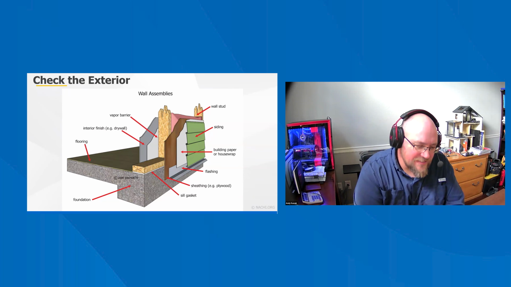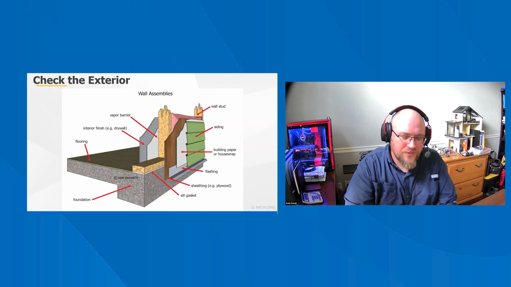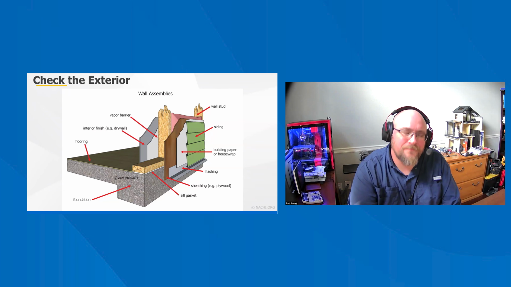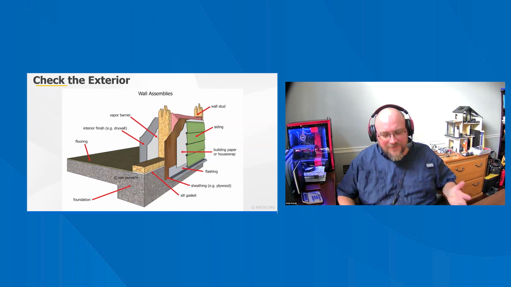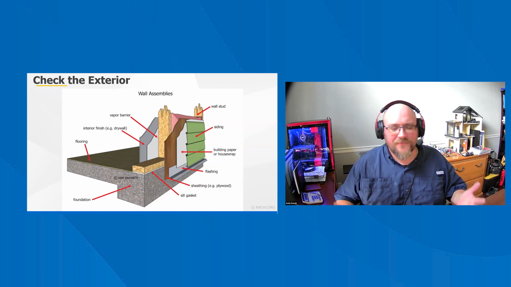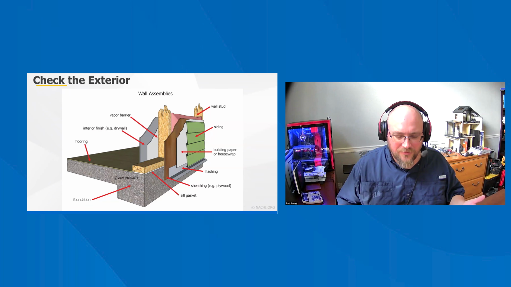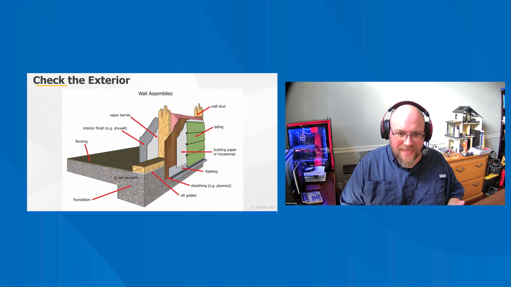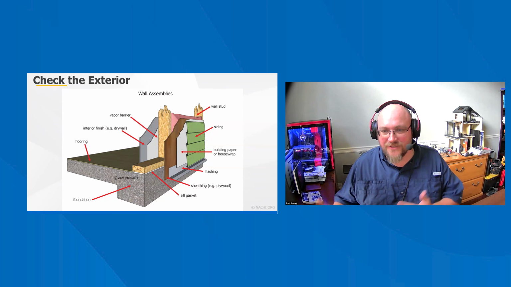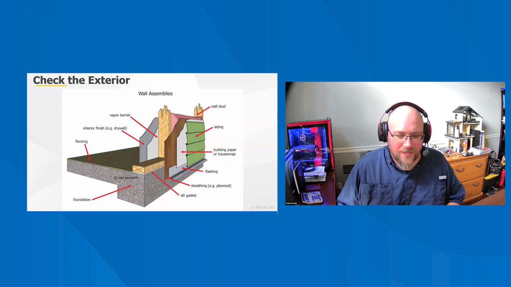Oh, and then getting back to the zip board or the zip sheathing. You have two different kinds of systems now that are used for your weather resistant barrier on the outside, right? You still have your classic house wrap, and then you have the new zip board style.